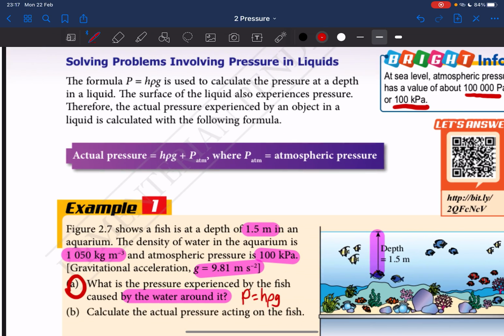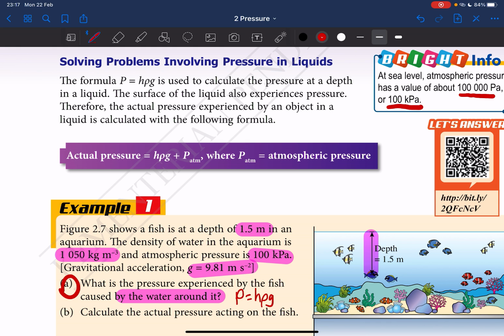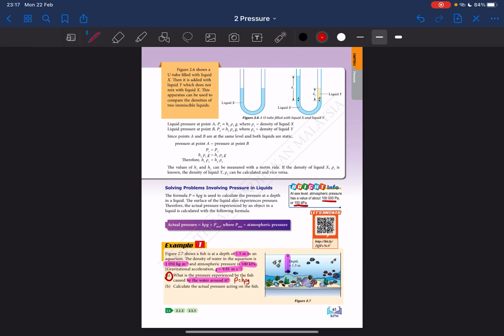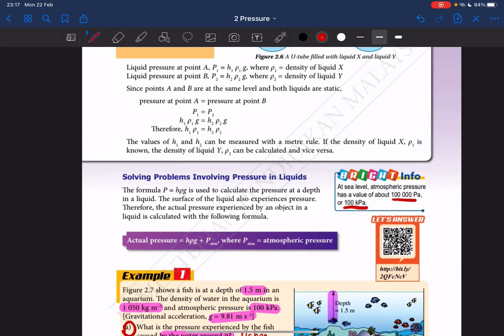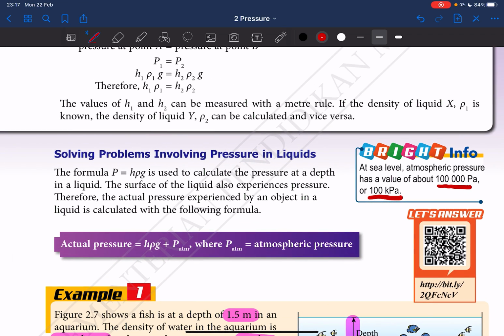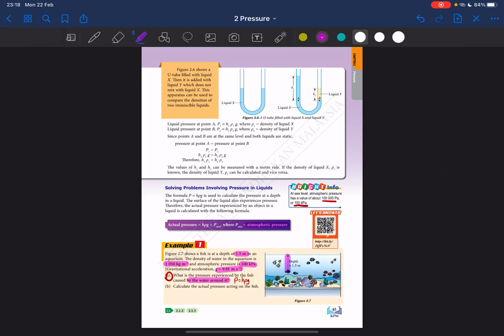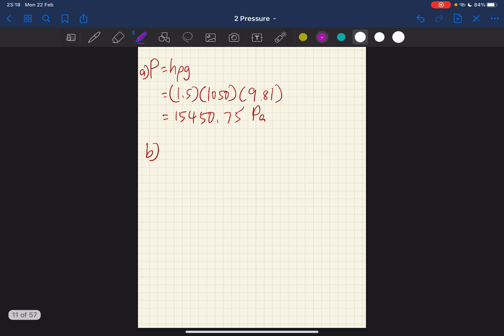Okay, now let's see question B. It says to calculate the actual pressure acting on the fish. When the question says actual pressure, we know that there's one pressure that keeps acting on us, and that is the atmospheric pressure. So what we have to do is: the actual pressure or the total pressure is equal to the pressure in liquid plus the pressure of the atmosphere.